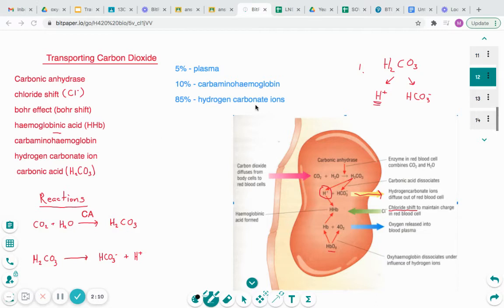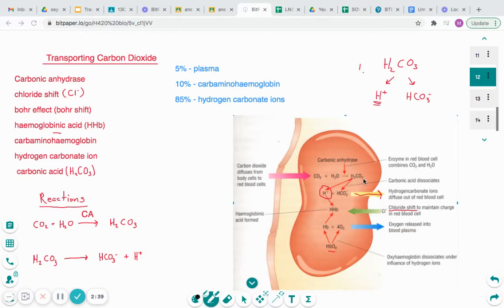So let's focus on hydrogen carbonate ions. As CO2 builds up in the respiring tissues, that is going to cause an increase in concentration, and therefore it's going to diffuse down the concentration gradient into the bloodstream. The CO2 is going to react with the water, CO2 plus H2O, in the presence of the enzyme carbonic anhydrase, to produce carbonic acid.